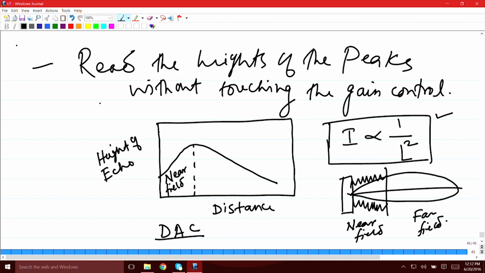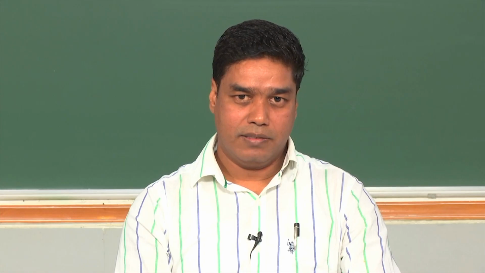And the other region that you have is the far field, wherein it will follow this particular relationship, because in the far field there is no question of any fluctuation. So, when you are in the far field, the signal intensity of the echoes will decrease as the distance is increased.